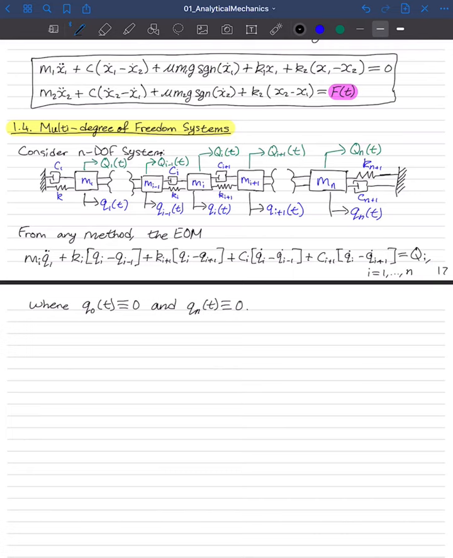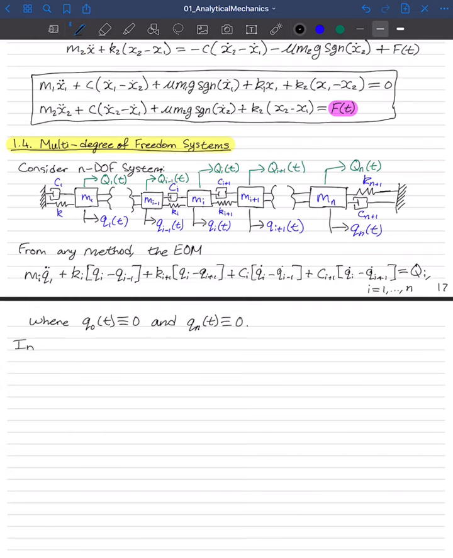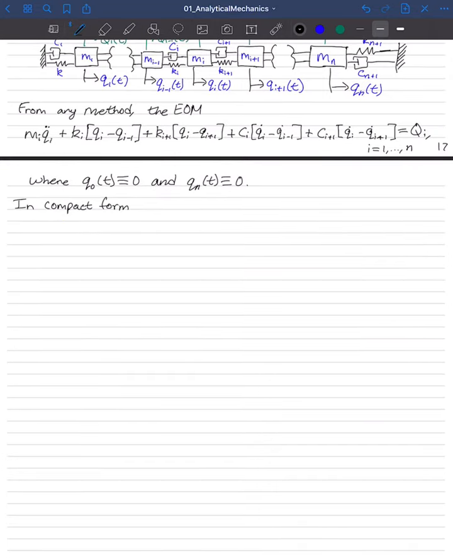Okay, so in a compact form, the equations of motion become the sum from j equal to 1 all the way up to n of mij times qj double dot, and I'm going to drop function notation here, plus cij times qj dot plus kij times qj is equal to Qi.